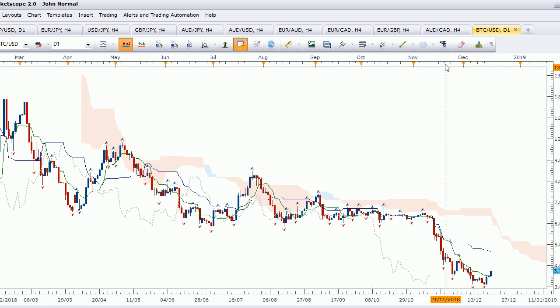Okay, so I'm on this Bitcoin BTC USD daily chart here on FXCM's Market Scope. Sorry, not TradingView. Because BTC is only just accessible on FXCM, it'll only allow you to go back about a year, maybe 18 months, back to 2017.